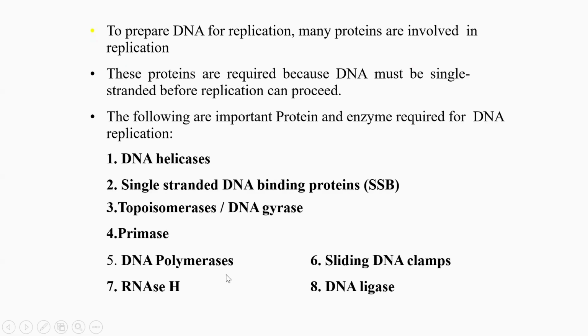DNA polymerase first and DNA polymerase third are required for synthesis of the DNA molecule. RNase is also required for primer degradation. Then the sliding clamp, the beta subunit of the DNA polymerase enzyme, and then the DNA ligase enzyme.